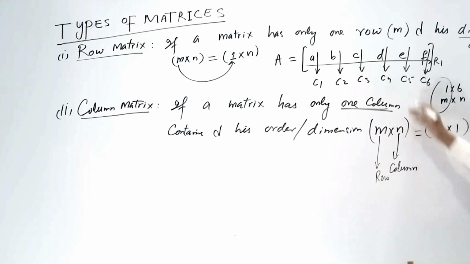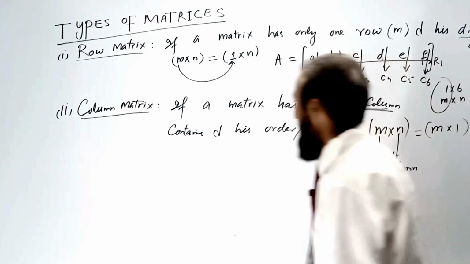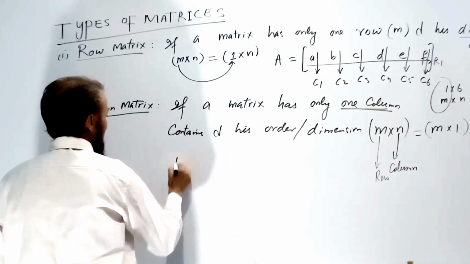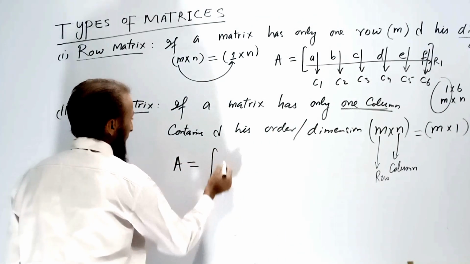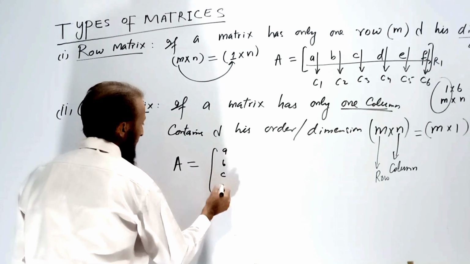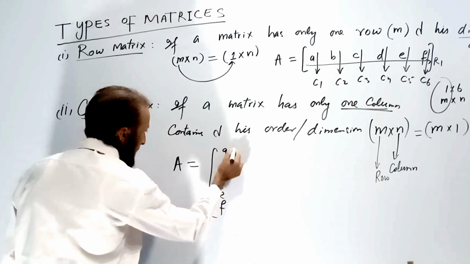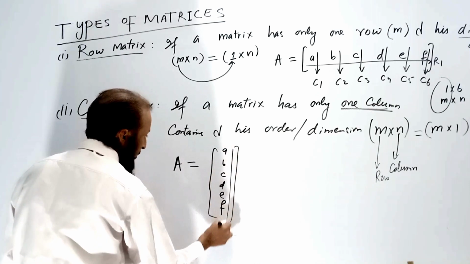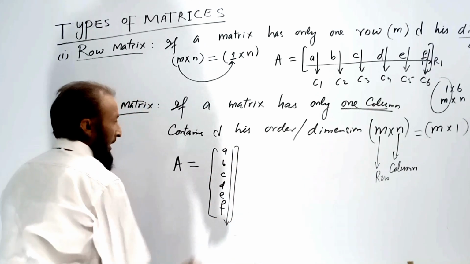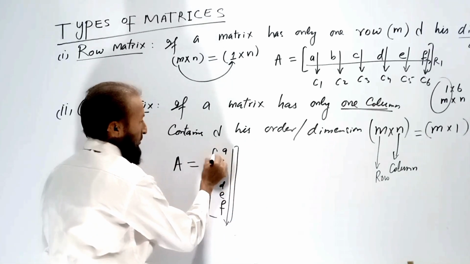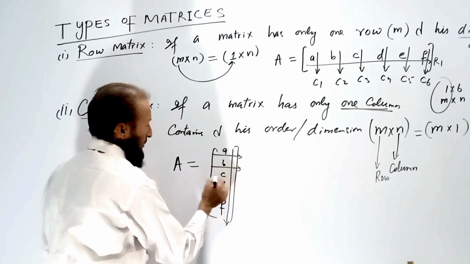For example, the row matrix, if we change it to the column matrix, we will write this: A, B, C, D, E, F. So this type of matrix is a column matrix because we have just one column. And how many rows? 6 rows.